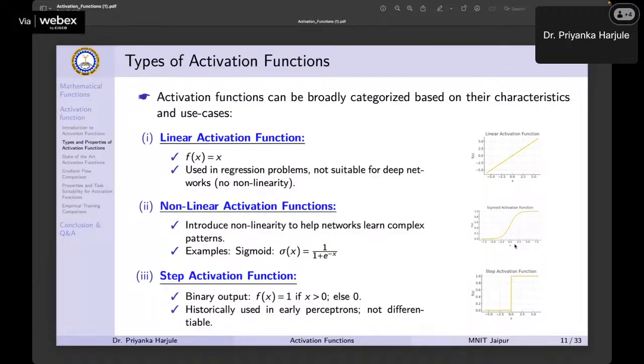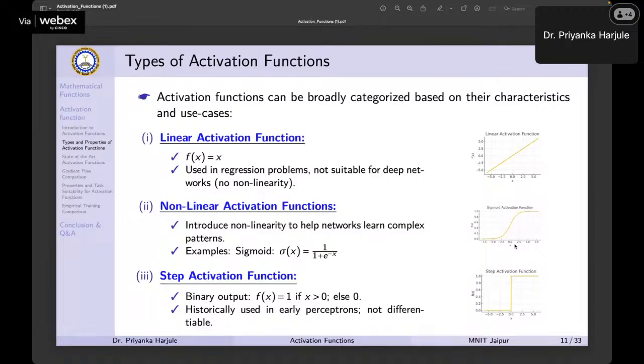Non-linear activation functions introduce the non-linearity, which enables the network to learn complex relationships and model real world data. For example, you have the sigmoid function that we used in the last session in that small numerical example also, which outputs in the range 0 to 1. Further, we will see more about it.